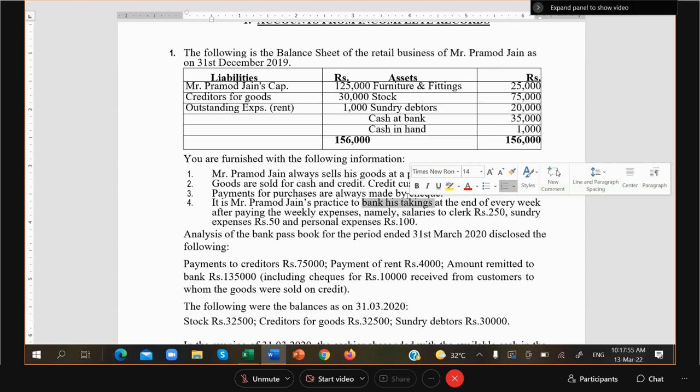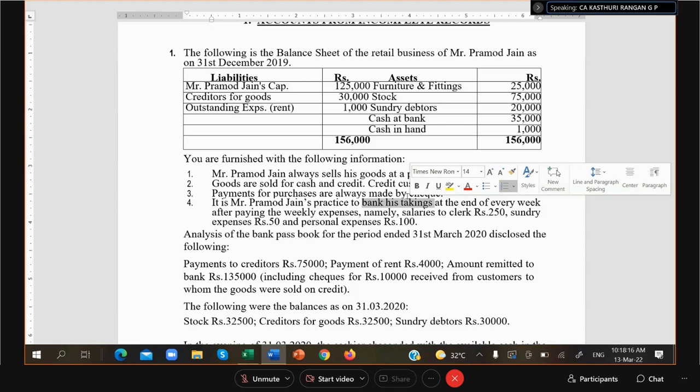So that's what he does. Every weekend, he goes and deposits money, but after paying the weekly expenses. So first he collects money in a week. Every week he pays salary to clerk 250, sundry expense 50. He takes 100 rupees for his personal purpose. The balance money he deposits in the bank. That is the meaning.